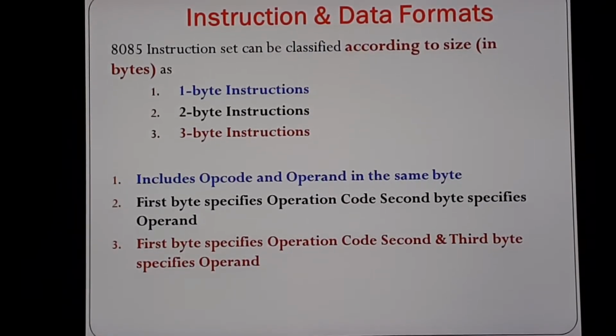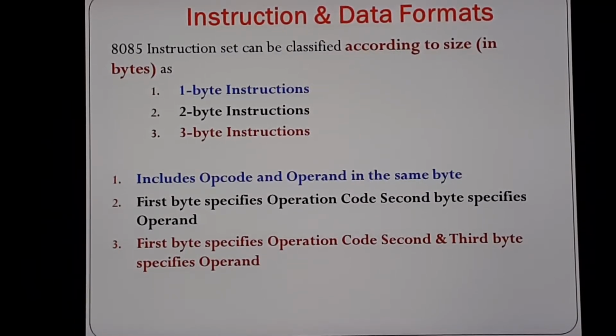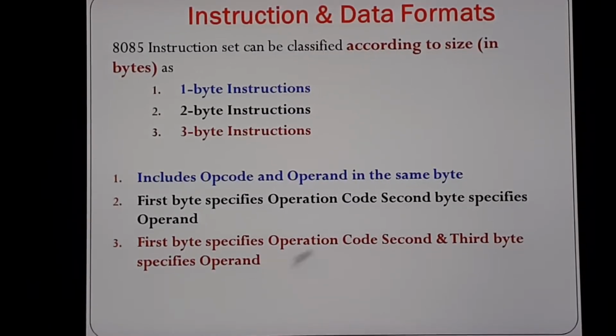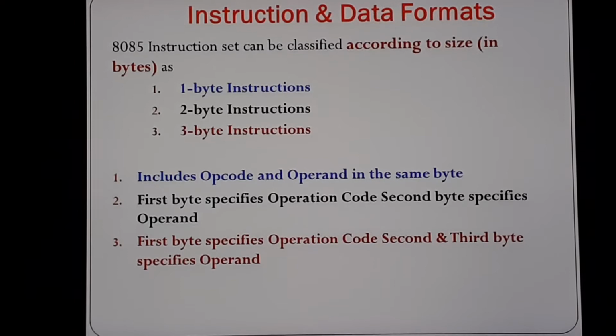So the 8085 instruction set can be classified according to the size, that is nothing but the number of bytes. So there are total 3 types of size according to the number of bytes. Number 1 is 1 byte instruction, number 2 is 2 byte instruction, and number 3 is 3 byte instruction.